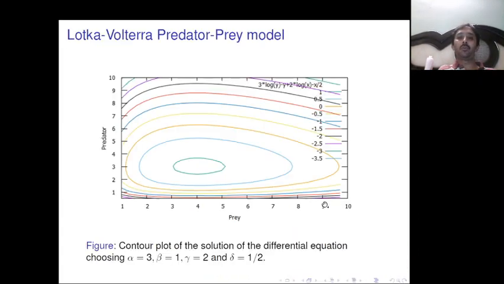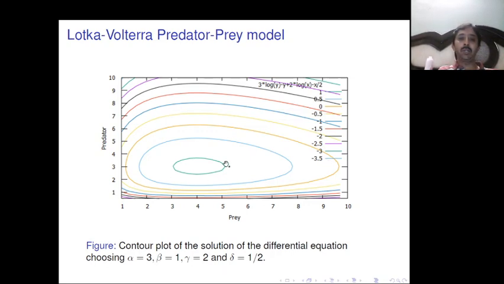So what we are going to do here is, we are going to choose α, β, γ and δ to be some certain values. In this particular discussion, I have chosen α to be 3, β to be 1, γ to be 2 and δ to be half. So if we choose these values of α, β, γ and δ, we are going to see that the graph of the solution is going to be this for various values of c.